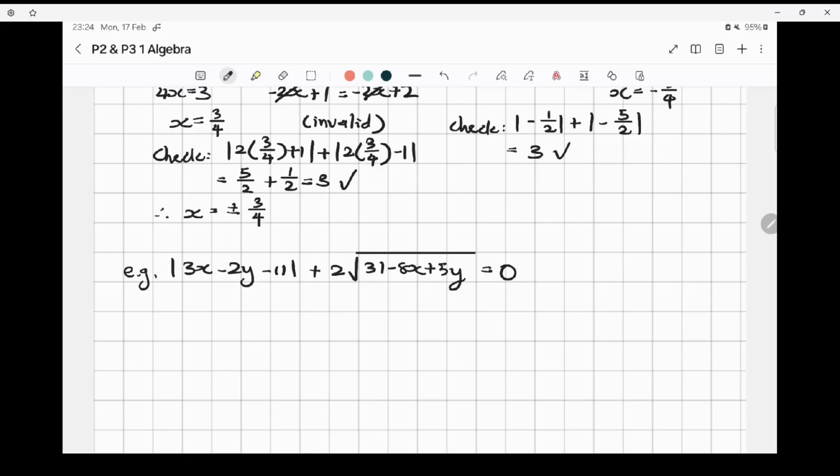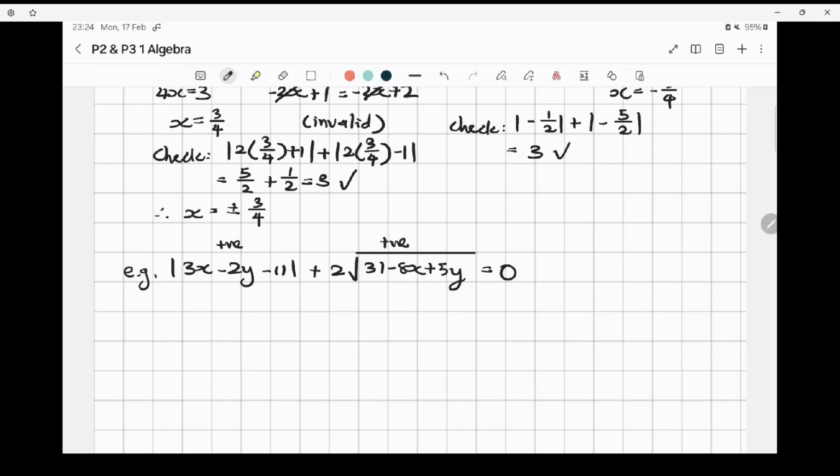So how do you solve this kind of equation? Essentially the first term, the modulus term, is a positive number. The second term, because you already put the square root sign, is also a positive number.